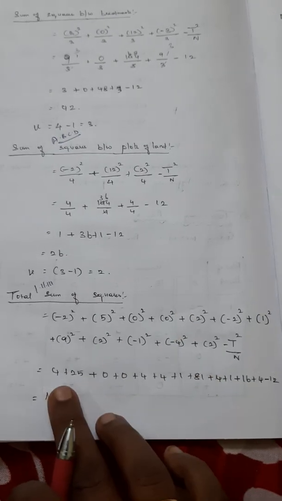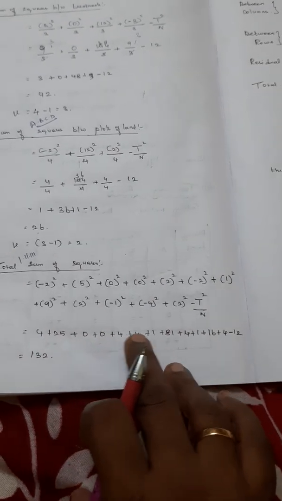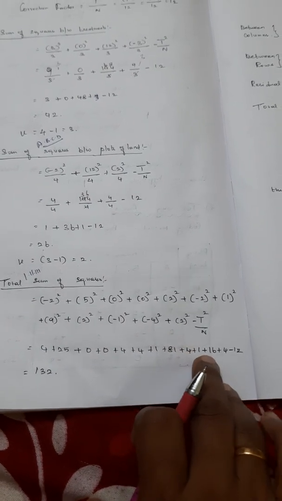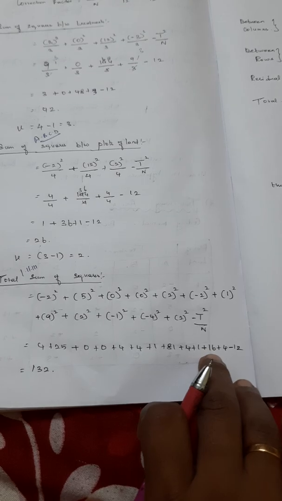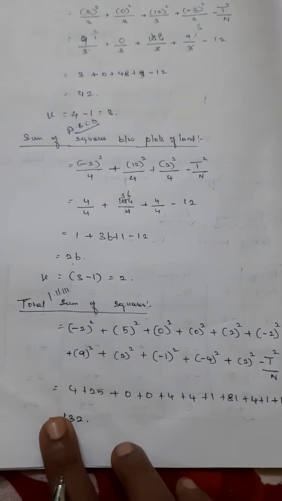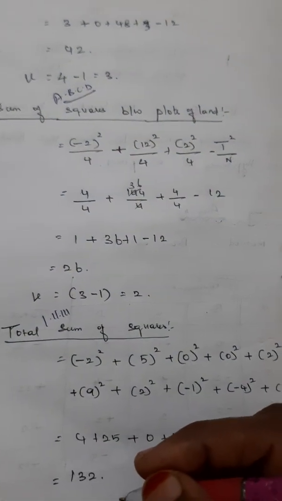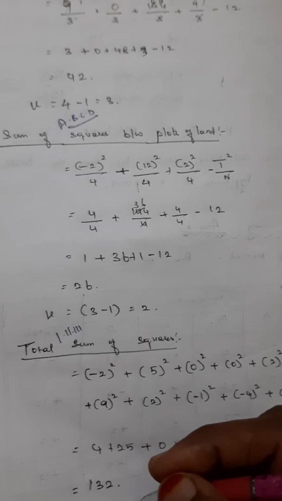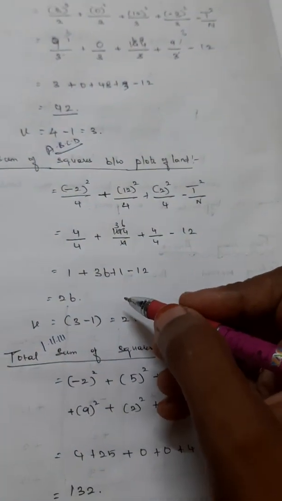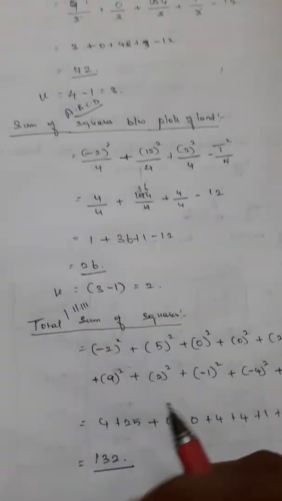Squaring them gives 4, 25, 0, 0, 4, 4, 1, 81, 4, 1, 16, 4, minus 12, which gives 132. So we have calculated three answers: 42 between treatments, 26 between plots of land, and 132 total.